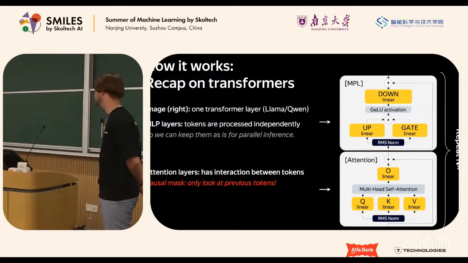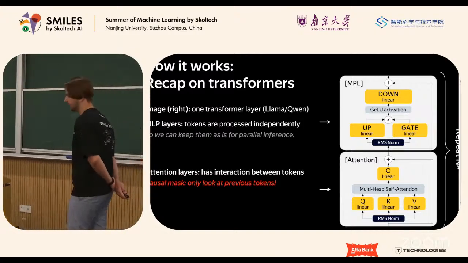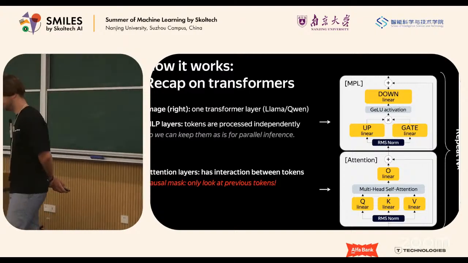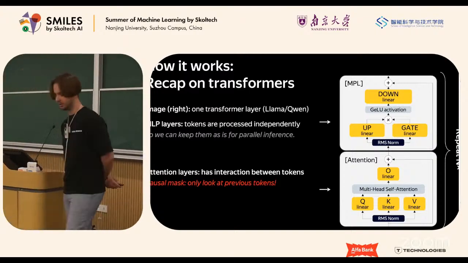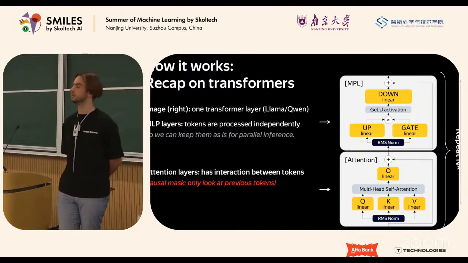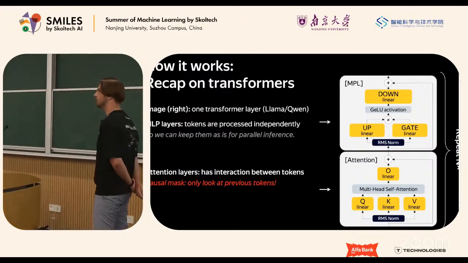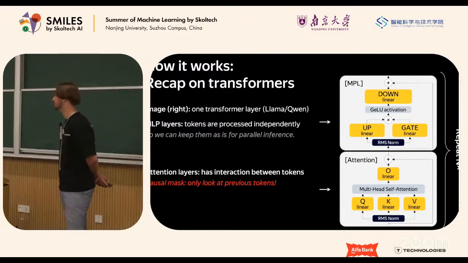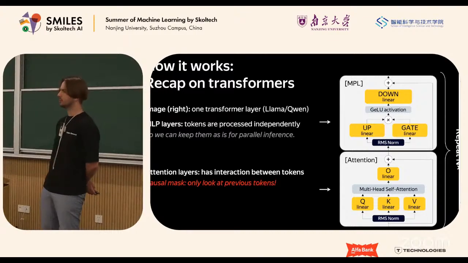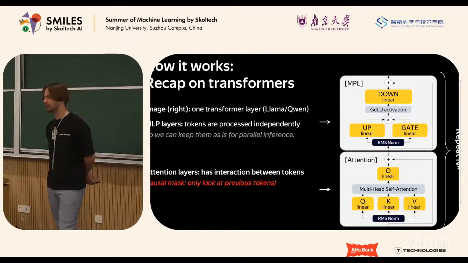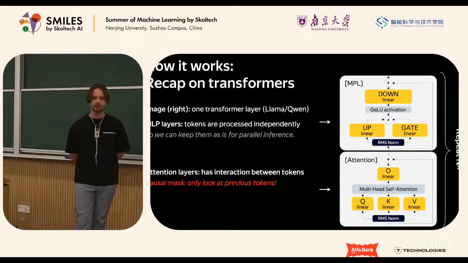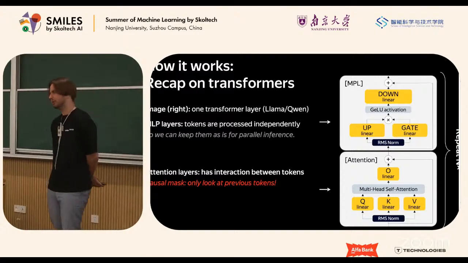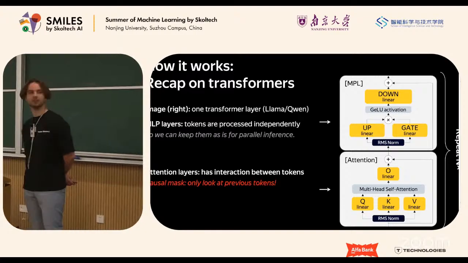The interaction between tokens is hidden inside the attention mechanism, and that's important. We are not going to talk about linear attention here, but I can answer questions afterwards. And by the way, if you have any questions along the way, please go ahead and ask them when they appear, and don't wait till the end of the lecture. I think it should be more of a dialogue than a one-way data transfer.